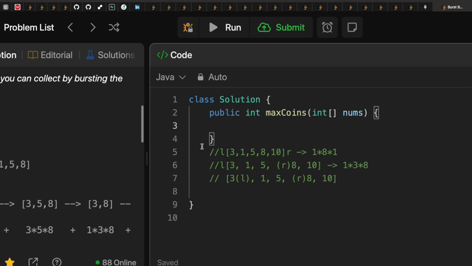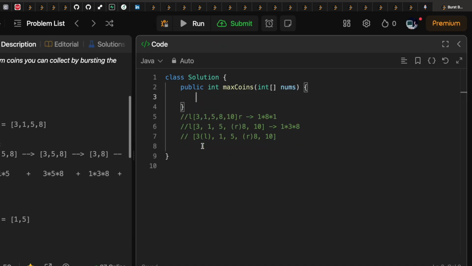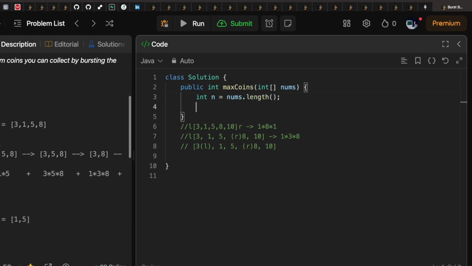So what I am saying is, let's call this as the length. Then we call a function find max coins.